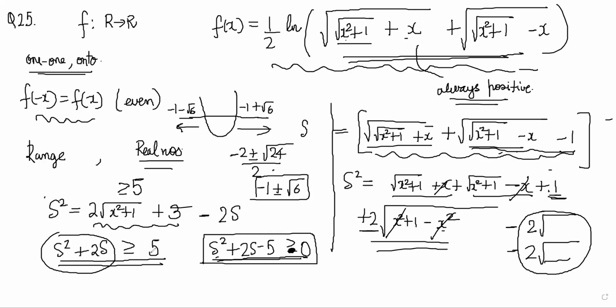Or can we just try putting some values for x and checking in the equation? But no, we have to decide greater than 1. How will we check values and say greater than 1 or not? It's always positive, that is guaranteed, but greater than 1 is right now not seeming to be guaranteed.